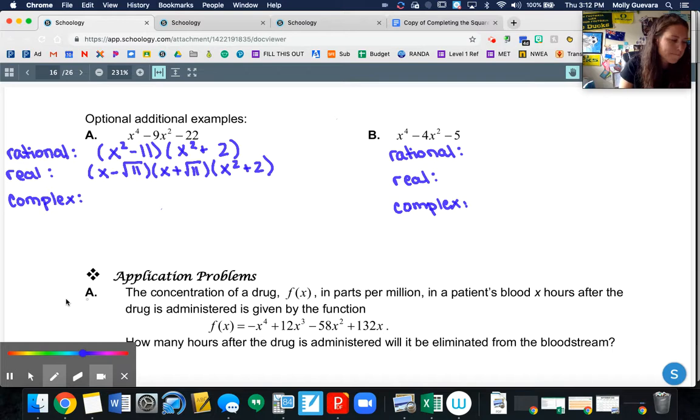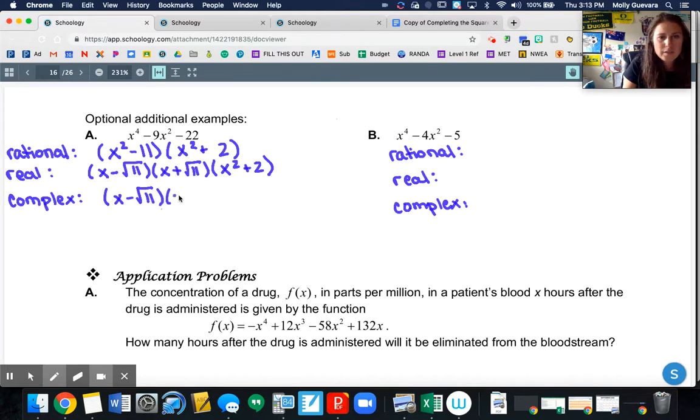Okay. And then the last one, I'm still going to have my x minus square root of 11, x plus square root of 11, but now I am allowed to have complex numbers. So I'm going to do my x squared plus 2 equals 0. Subtract 2, I get x squared equals negative 2. Square root, and I get x is equal to plus or minus the square root of negative 2.